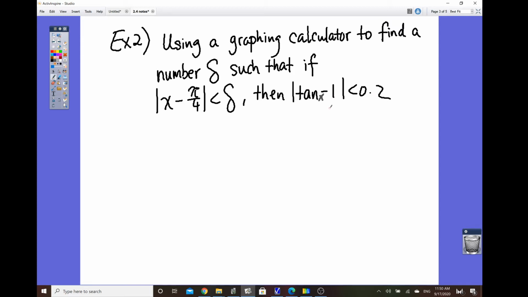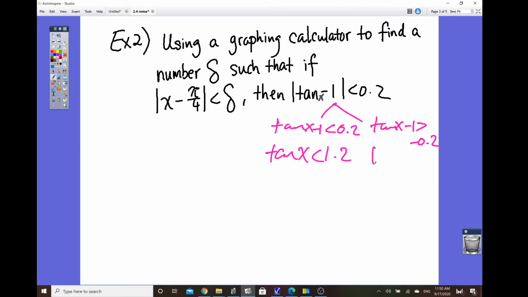Again, we start with the conclusion: tangent of x minus 1 is less than 0.2, and tangent of x minus 1 is greater than negative 0.2. Solving for tangent, tangent of x is less than 1.2 and tangent of x is greater than 0.8. This is just an approximation value for tangent of x. Anytime you see less than, greater than, it's all about the approximation.